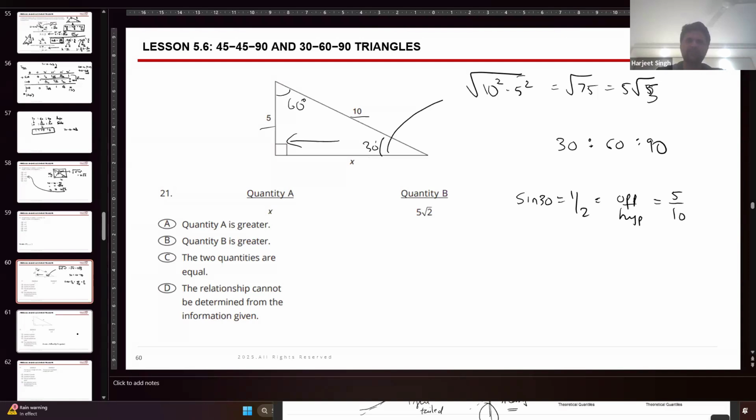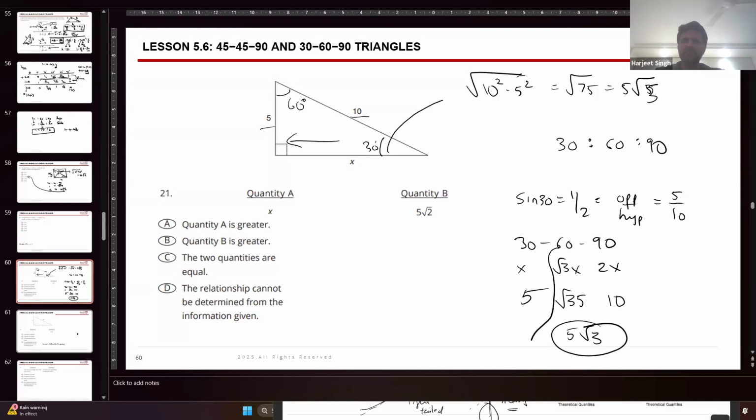So now we know the rule for 30, 60, 90 is x, root 3x and 2x. So x is given as 5, 2x we know is 10, and 60 degrees is root 3 into x, which is 5 root 3. So the answer is 5 root 3, the side opposite to 60 degrees, which is x. Same as we got using Pythagoras theorem.